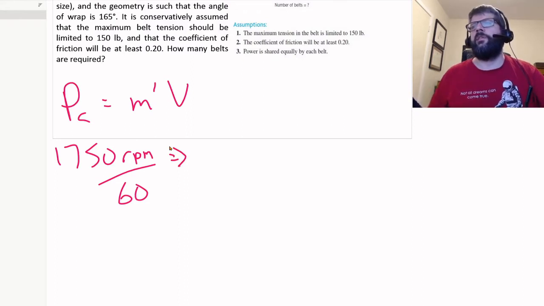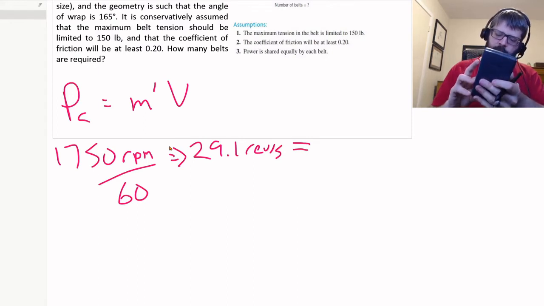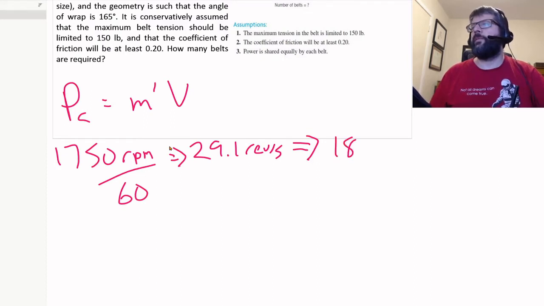So that is 29.1 rev per second. And then I'm going to multiply that by 2 pi to give us our rotational speed in radians per second. 183.3 radians per second.